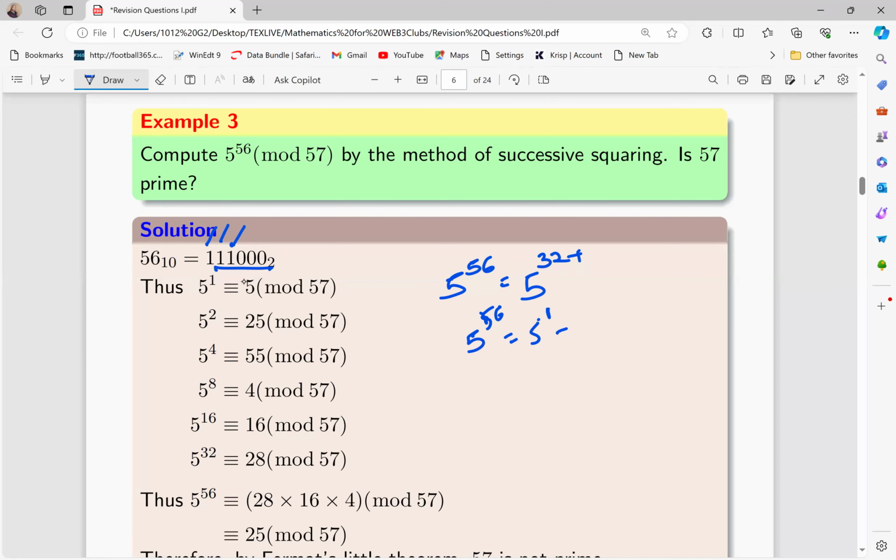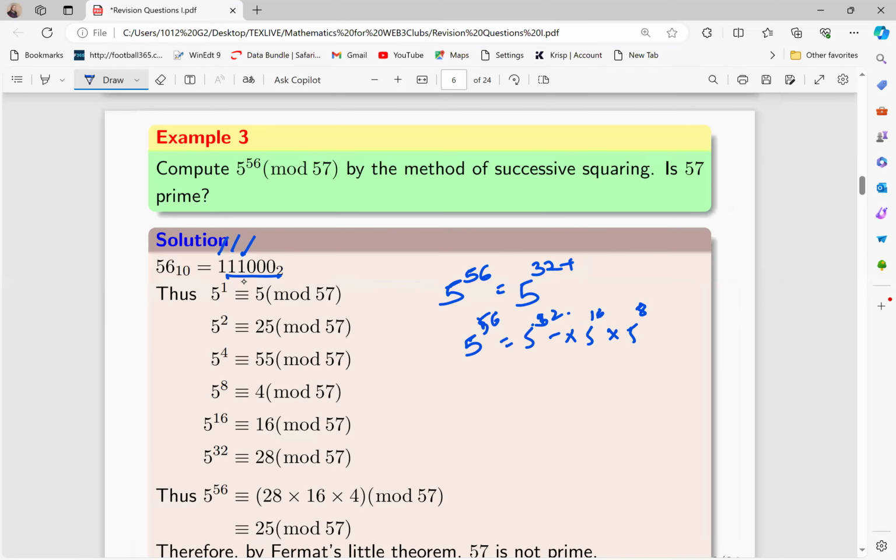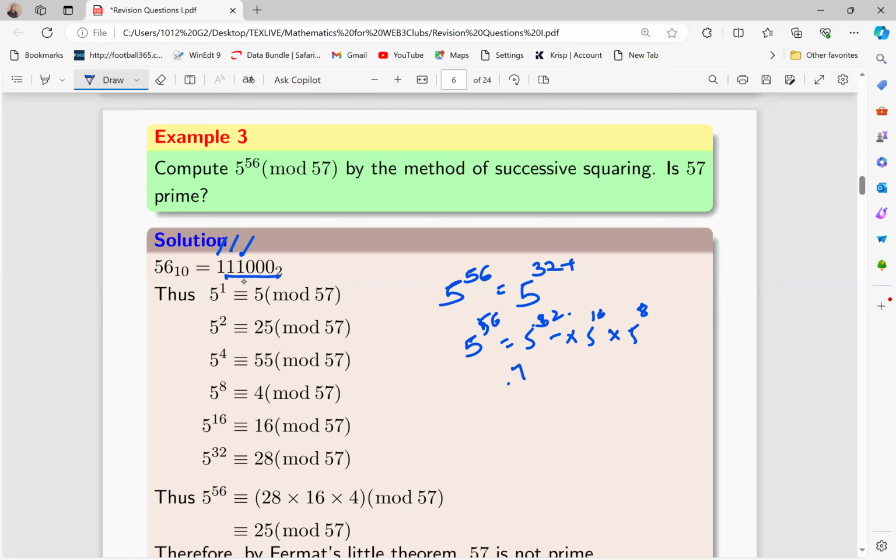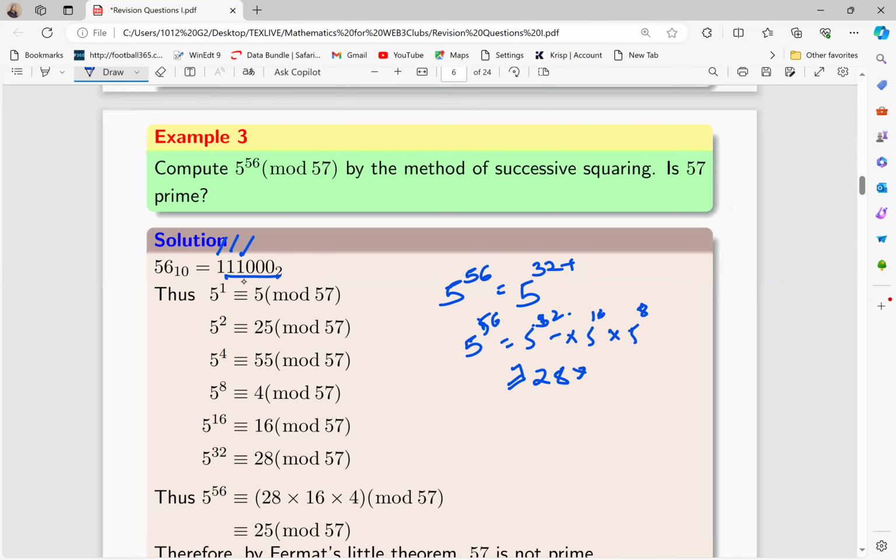So it is 5 raised to 32 by 5 raised to 16, 5 raised to 8, which is 28 by 16 multiplied by 4.